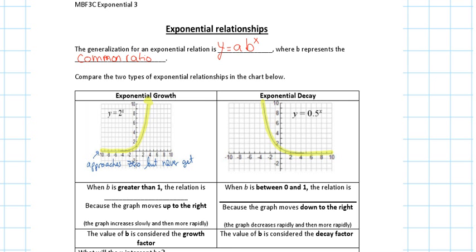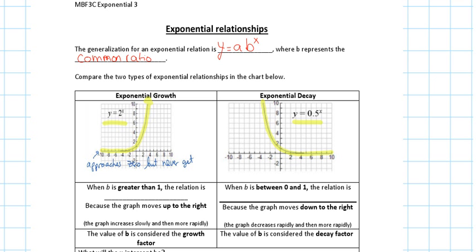Now, if you look at the equation, this is y equals 2 to the power of x. This is y equals 0.5 to the power of x. What is the difference here? This one is a whole number. Is it greater than 1 or less than 1?